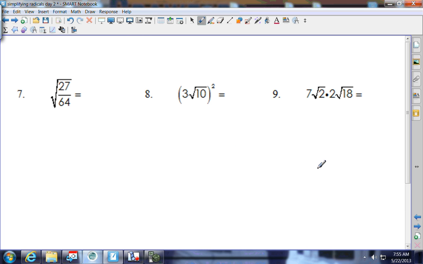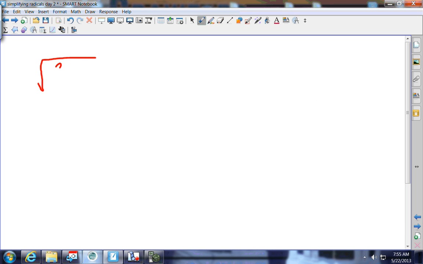Okay, I'm going to need a new page for this one, I promise. Let's see, 27 over 64. You might need either paper, if you're using the worksheet, or the back side.